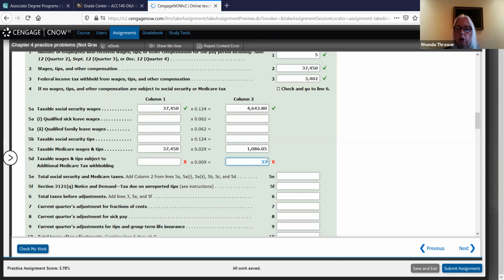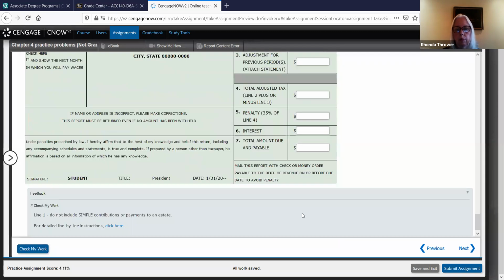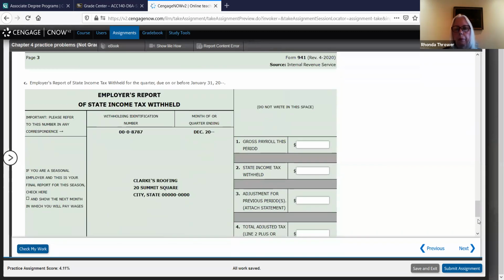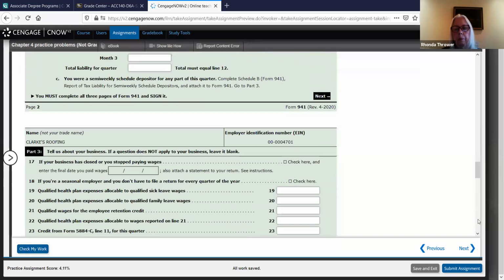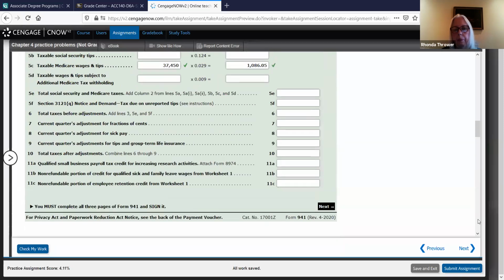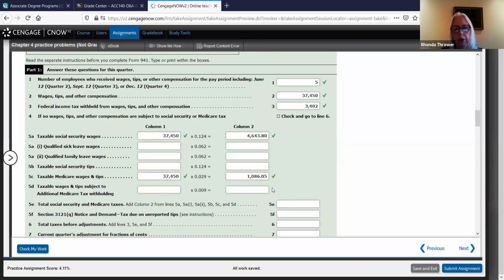Then I'm going to check my work again, just to double check that my math is right. That's what happened there. So we're going to move to 5E, where we're totaling up our total Social Security and Medicare taxes.